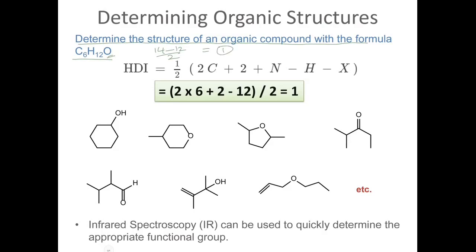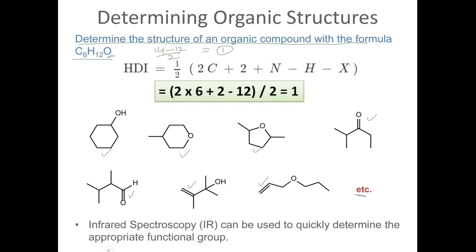So we could have a double bond, we could have a carbonyl, which also has a double bond connection between a carbon and oxygen, or we could have one ring, which accounts for 1 degree of unsaturation, okay?